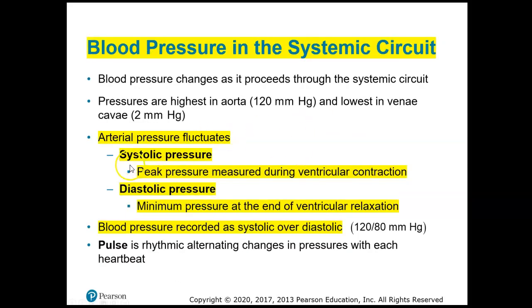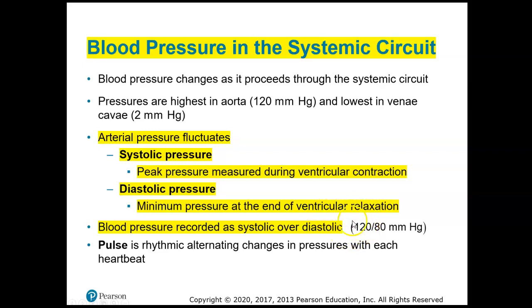Okay, again, we have these terms, systole and diastole. So blood pressure fluctuates, and the highest peak pressure is measured as the systolic pressure, and it's measured during ventricular contraction, or systole. And the lowest pressure in the arteries is measured as diastolic pressure, and it's measured at the end of ventricular relaxation, or ventricular diastole.